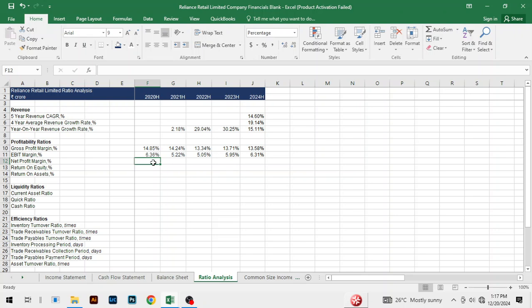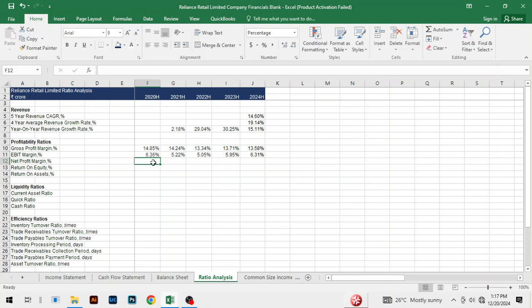And lastly, under these direct profitability ratios, we have the net profit margin. So we take the residual income and then divide it by revenue.